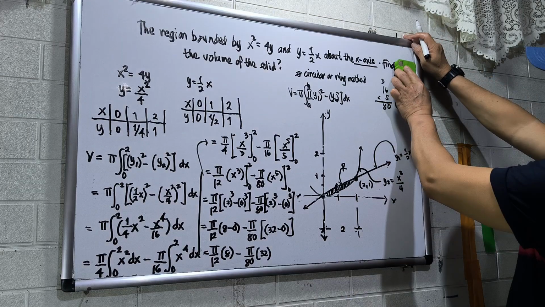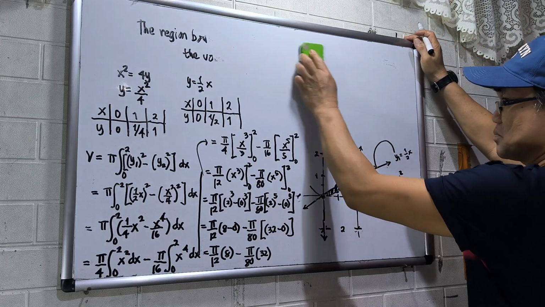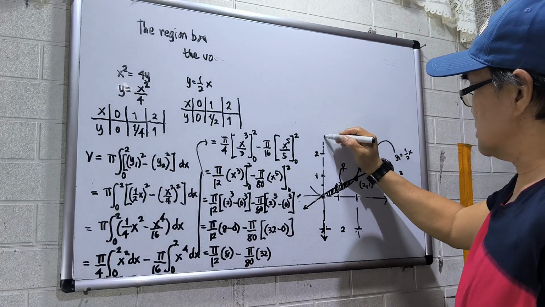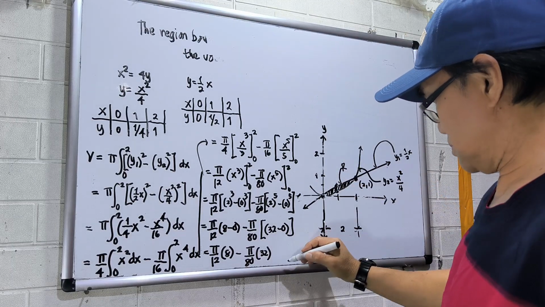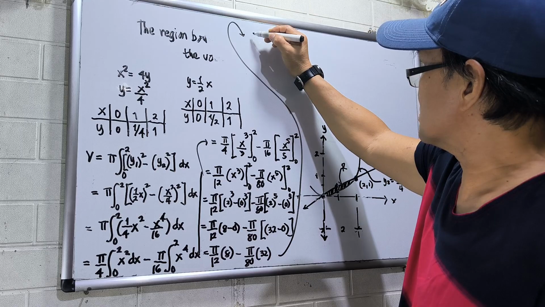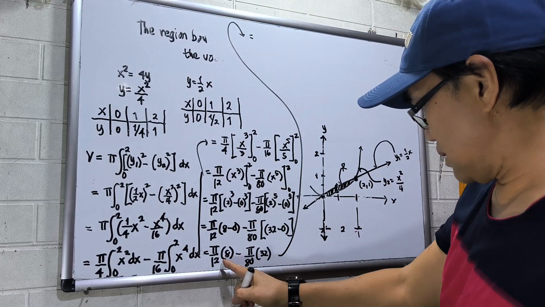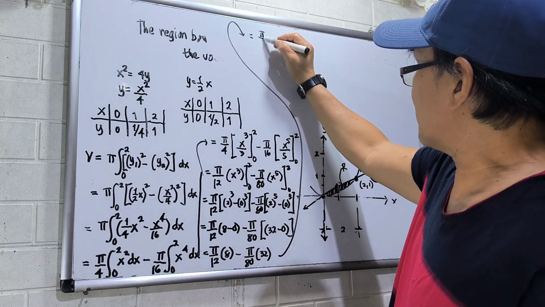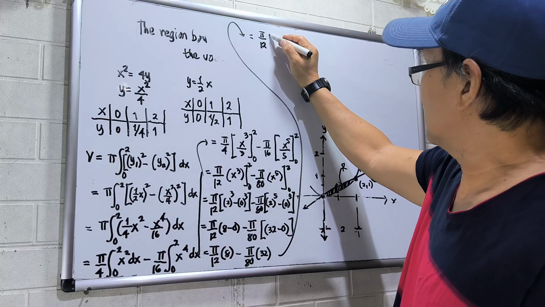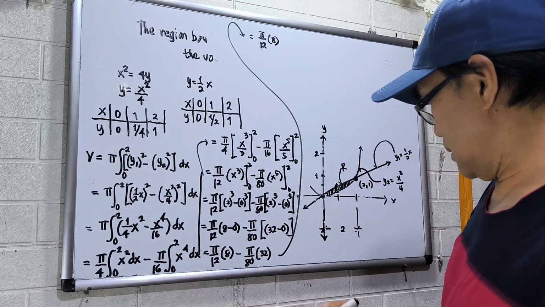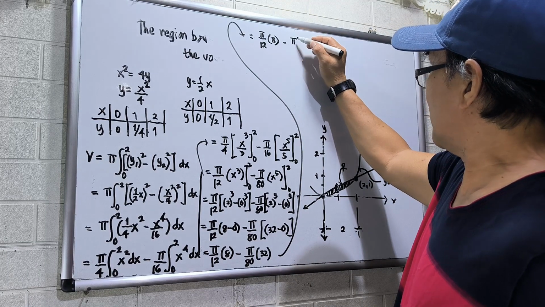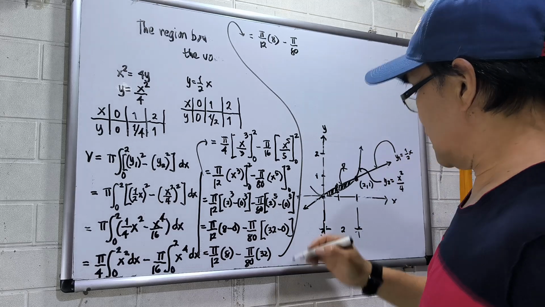Okay, so allow me to erase this portion. So this will be equal, so pi over 12, I will write first in here, then 8, then minus pi over 80, then 32.